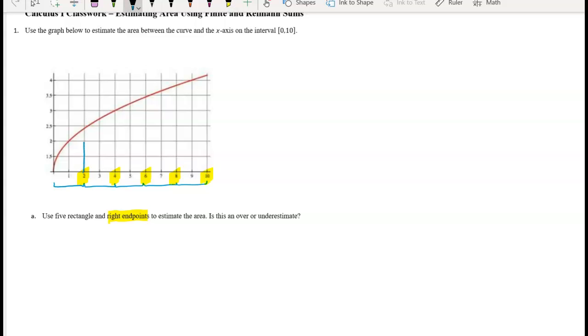So this first rectangle, the height is going to be up where the rectangle meets the curve. So here, looking at when x is equal to 4, it looks like the height is equal to 3. At 6, it looks like we're going up to maybe 3.5. So I'm just drawing the rectangles that we're going to be summing up here.